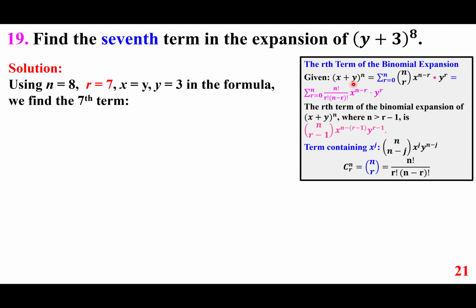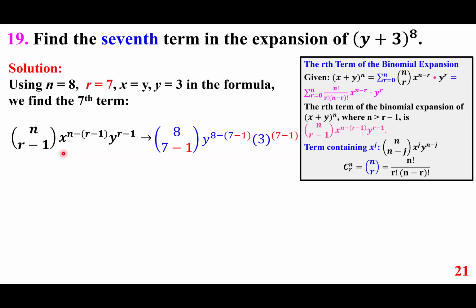And so with that being the case, we write n choose r minus 1, x to the power of n minus r minus 1, y to the power of r minus 1. So n is replaced with 8 and r is replaced with 7. So that's one way to do that. And of course, this is 6 and this is 8 minus 6. Okay, that's 2 and this is 6.